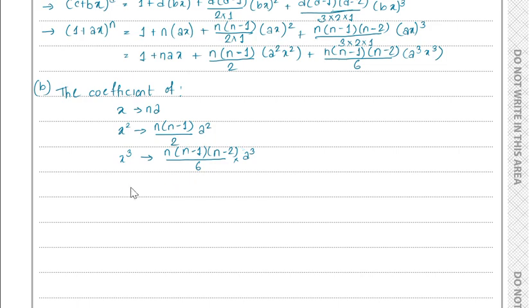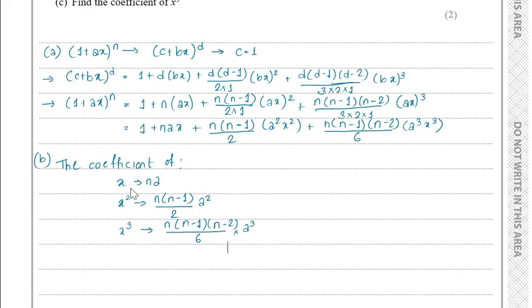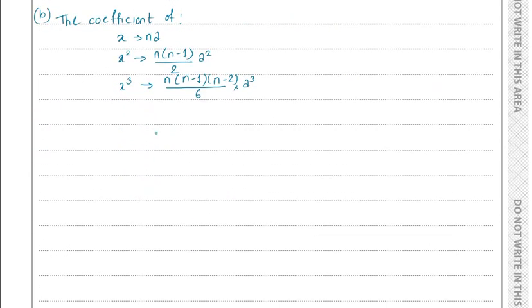So these are the coefficients. So they say that the coefficient of x is 15, right? And we got the coefficient of x to be na.